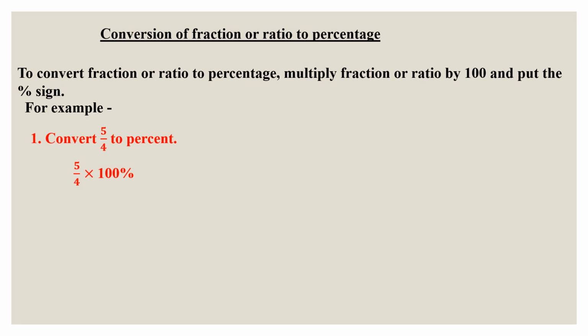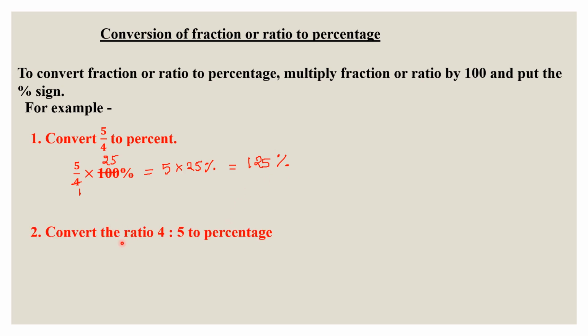Now we have to reduce it. 4 times 1 is 4 and 4 times 25 will give me 100. So the percentage will be 5 into 25%, which further gives me 125%, isn't it? So the fraction 5 by 4, if I convert to percent, I am getting 125%.